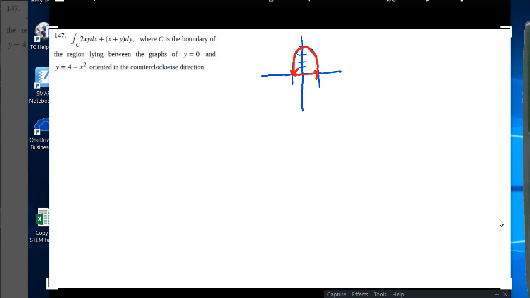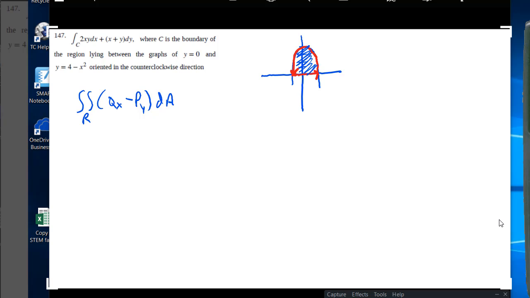Green's theorem says we should be able to do this by doing a double integral over the appropriate region, that being the region enclosed here, of q sub x minus p sub y, described appropriately.